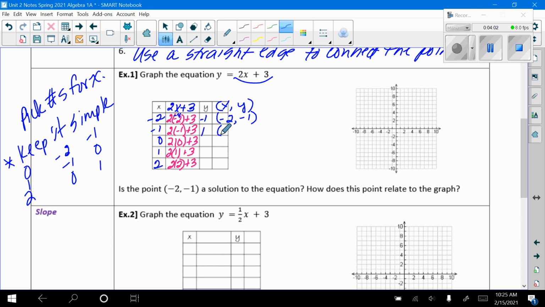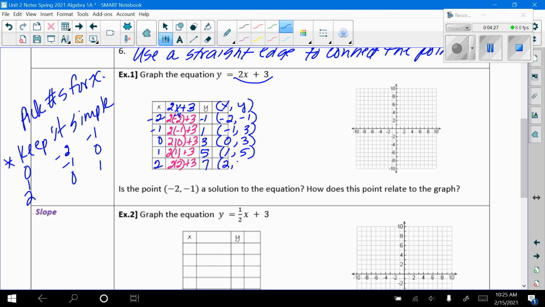So this ordered pair is going to be negative 1, 1. If I plug in 0, 2 times 0 is 0. It's my favorite here. 0 plus 3 is going to be 3. So I know it's going to be 0, 3. It's also my y-intercept. Plug in a 1. 2 times 1 is 2. 2 plus 3 is 5. So 1, 5. And 2 times 2 is 4. 4 plus 3 is 7.